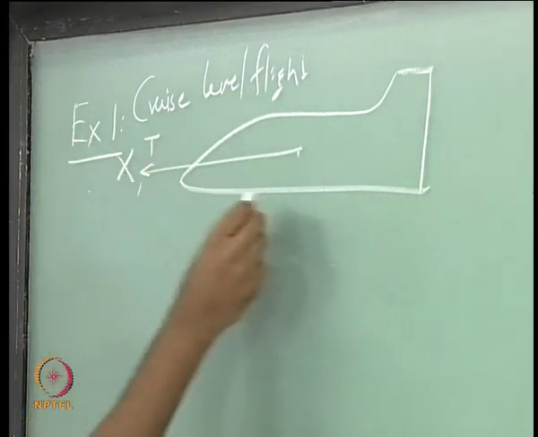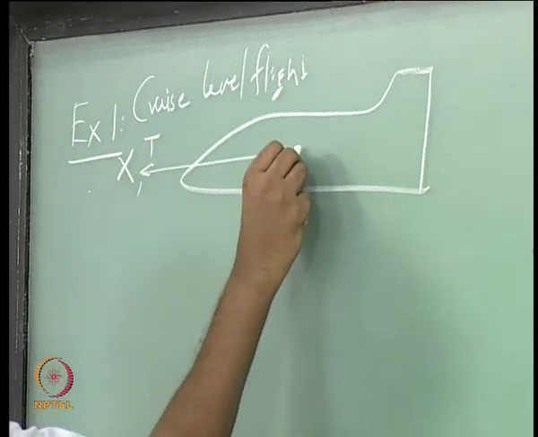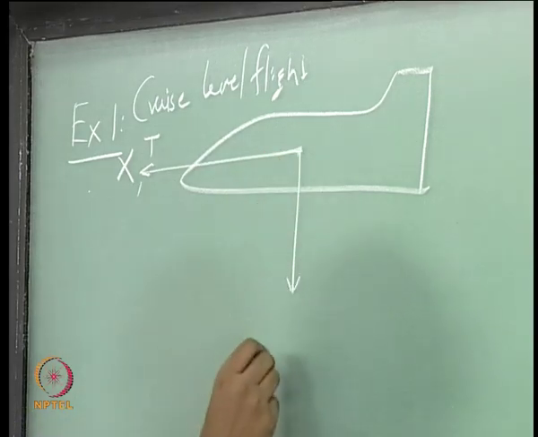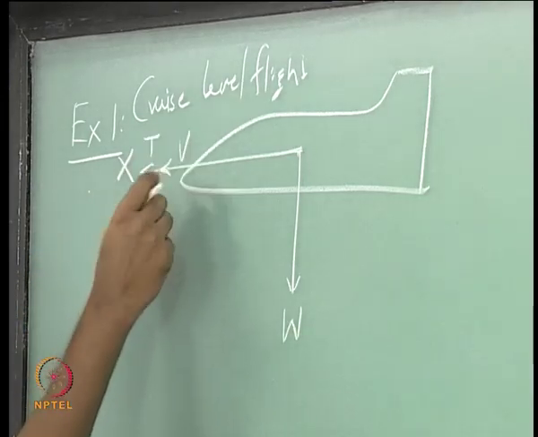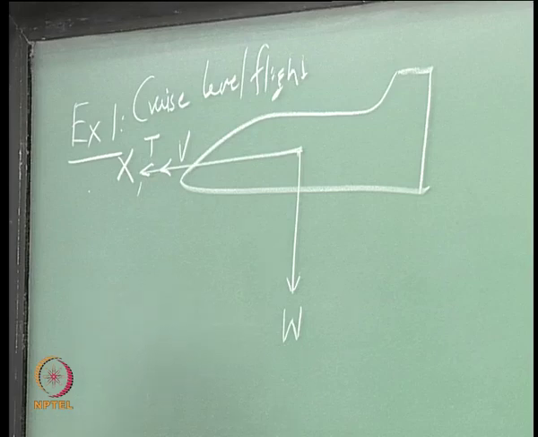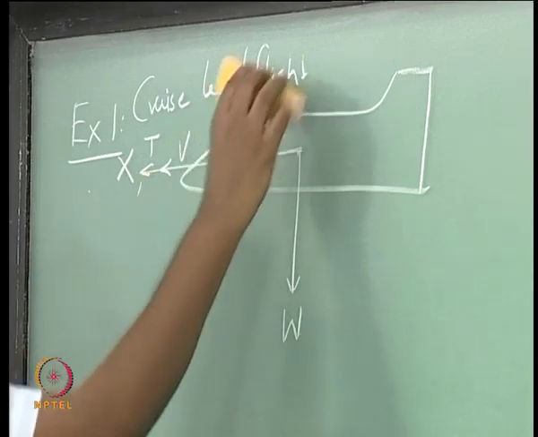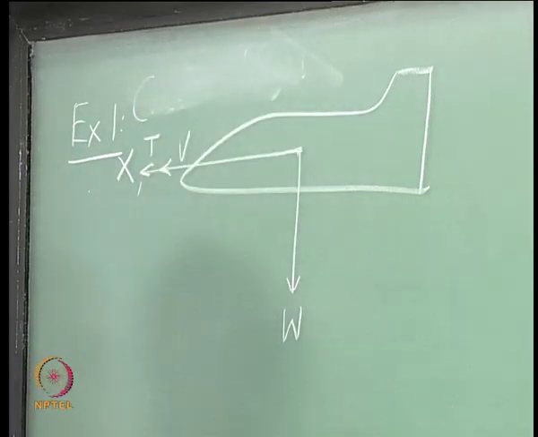So, the aircraft is moving with velocity v along its x axis, and thrust is also acting along the x axis of the aircraft.